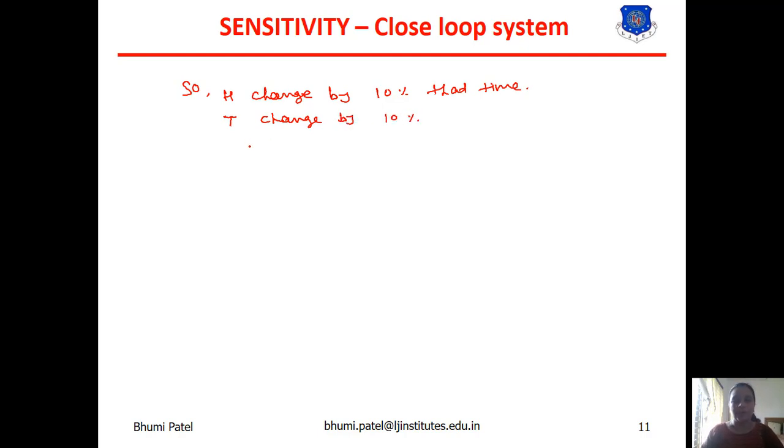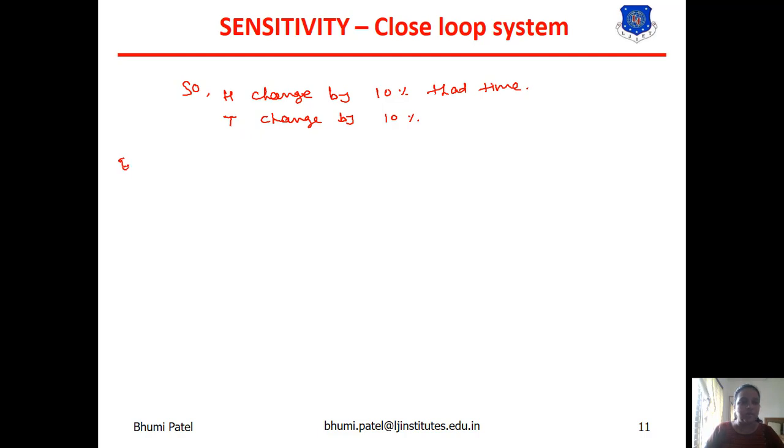So this is the effect of change in feedback on the sensitivity. There is no disturbance in the feedback, because whatever changes in the feedback element, we get the same change in the transfer function. So there is no disturbance in the closed loop system.